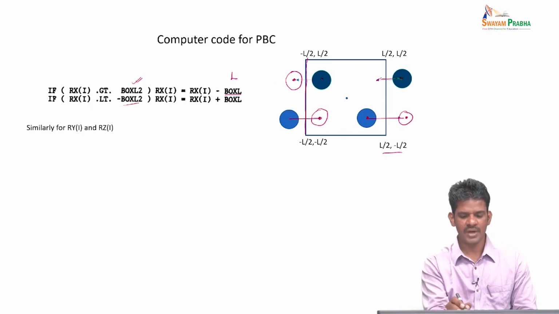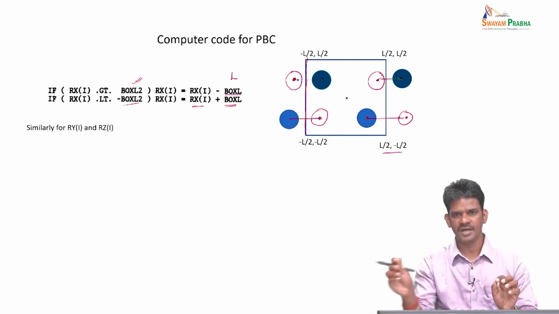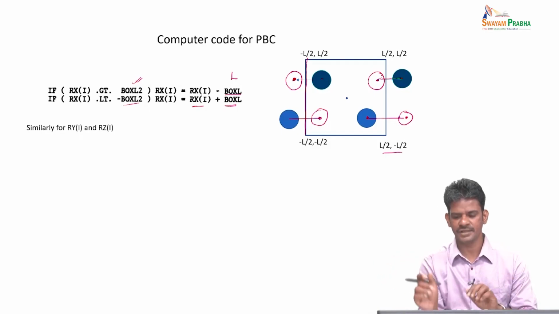If that is the case, you add the box length L to the X coordinate of the particle. This is a simple translation of moving the particle by the box length.